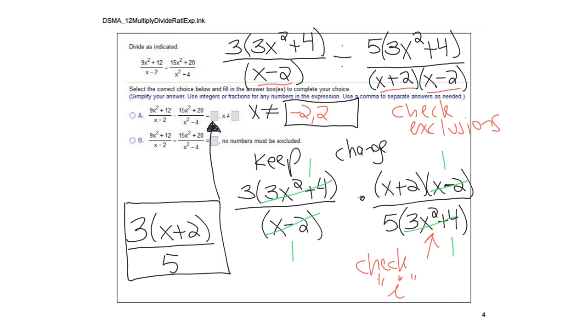All right, so for you guys who are wondering, I want to go ahead and set this 3x squared plus 4 equal to 0. So what would happen is we would get 3x squared equal to negative 4, and then we would get x squared equal to negative 4 thirds.